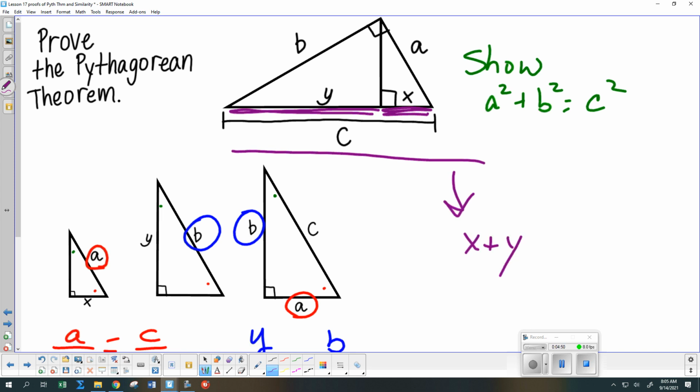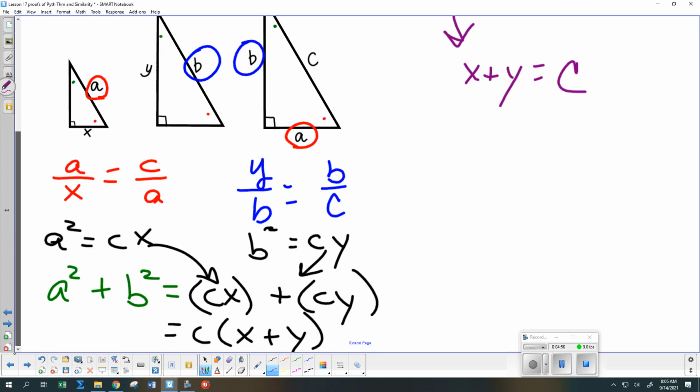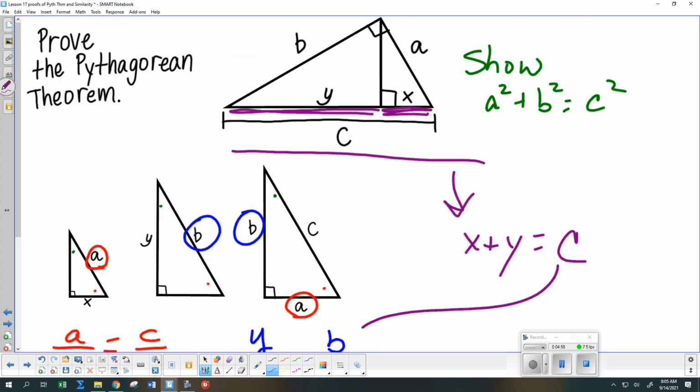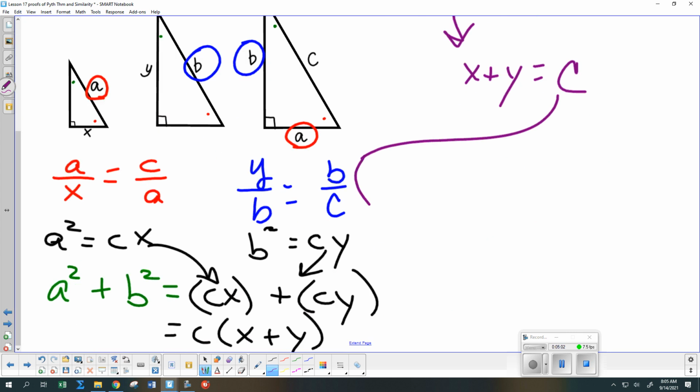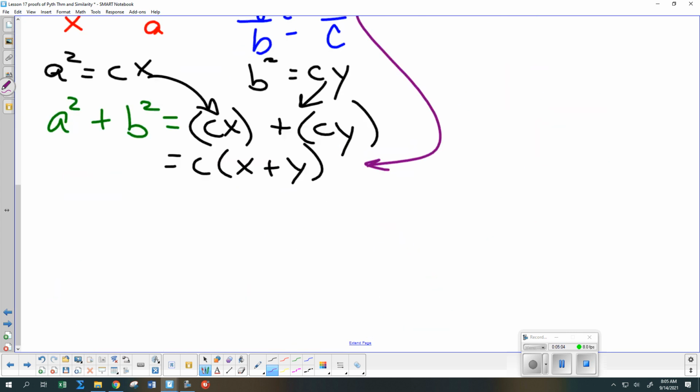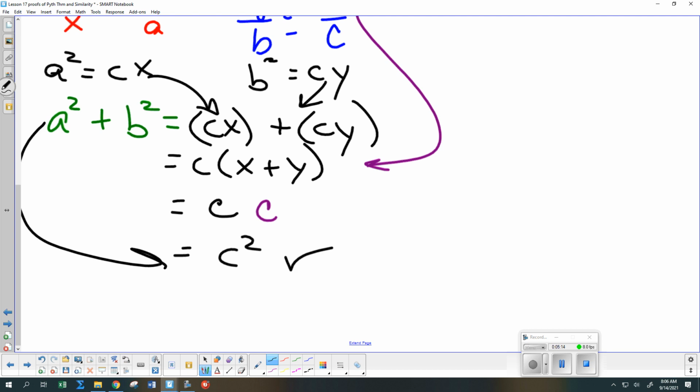So X plus Y is equal to C. So then I can put that in for that x plus y, and I have c times c, which is c squared, so a squared plus b squared equals c squared. Let me just prove it that way.